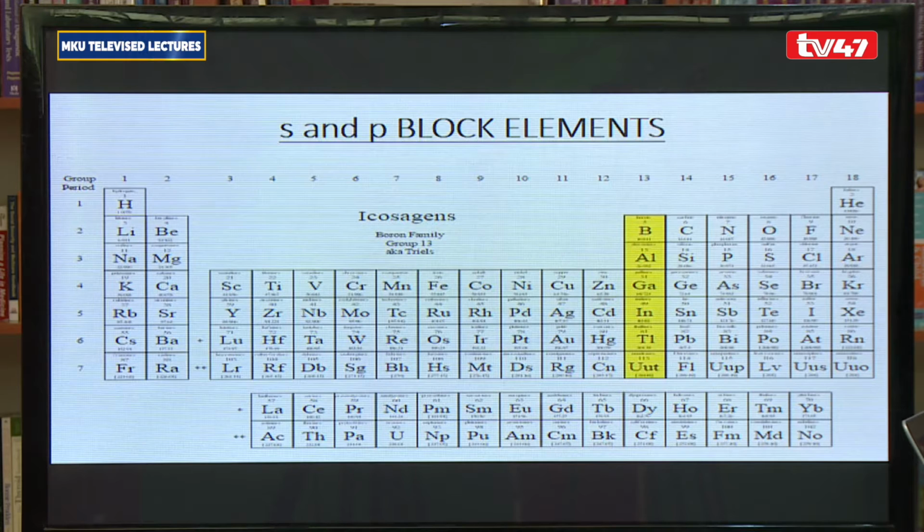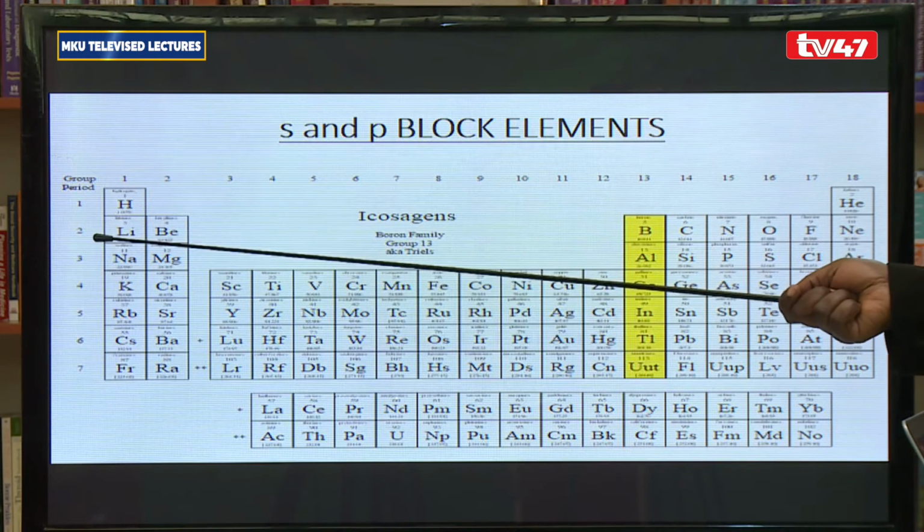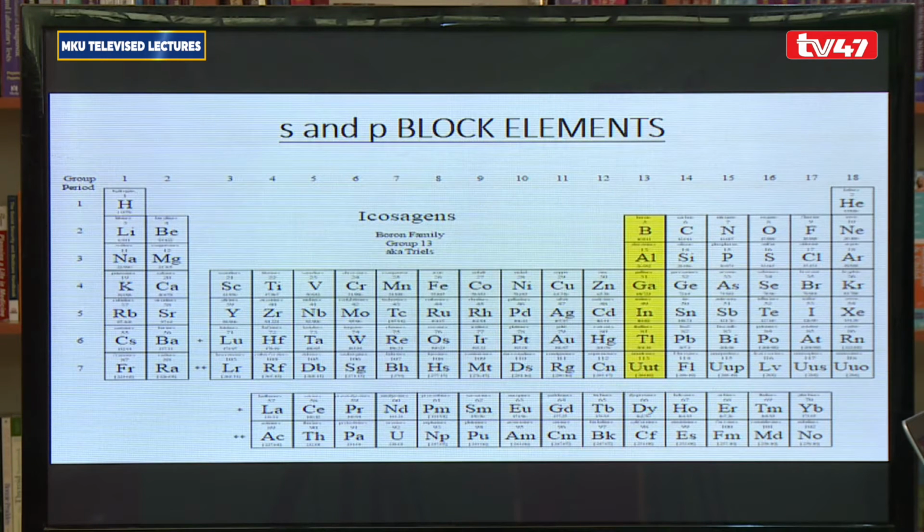In this unit and for this lecture, I will focus on the S block elements, that is group 1 and group 2, the alkali metals and the alkaline earth metals. And I'll also look at the group 13 elements, the boron group of elements in the P block category.